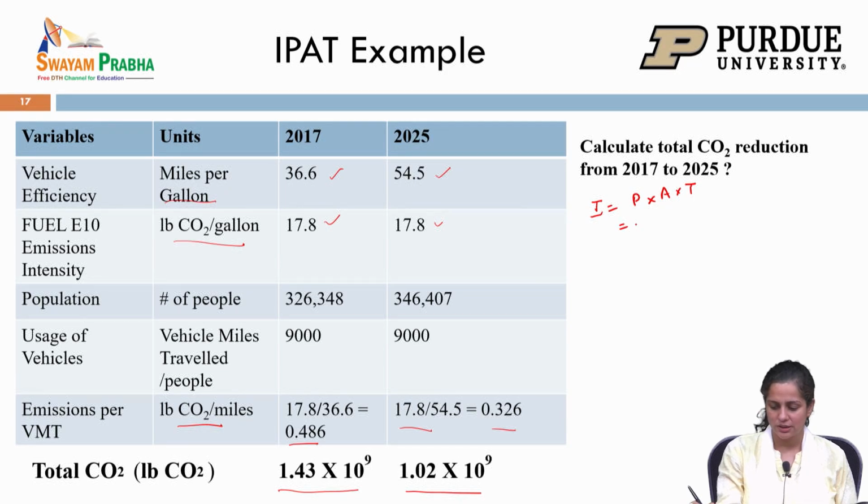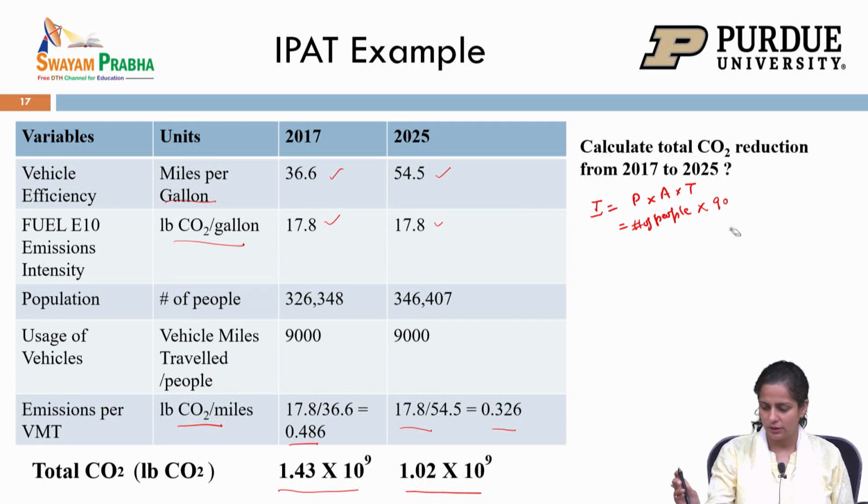Population is the number of people. Affluence is the usage of vehicles, so I will just write the variable: this is the miles travelled per person. And technology is emissions per mile, so we have LbCO2 per mile.